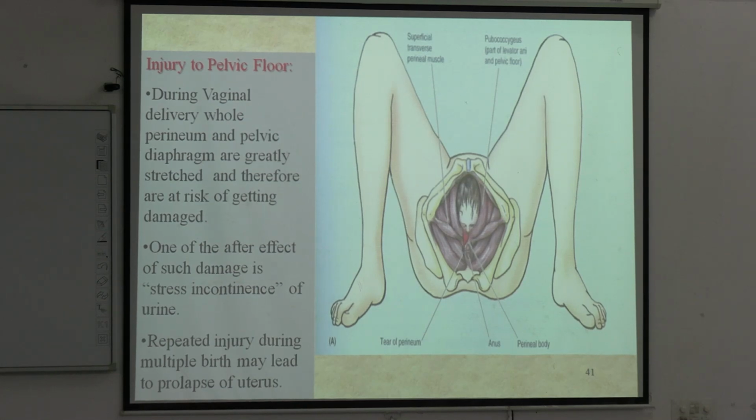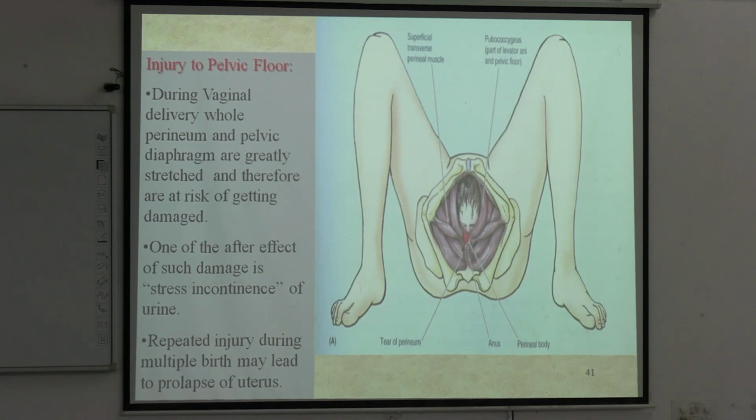Again, explain why. After childbirth, more commonly we see different types of prolapse: rectal prolapse, uterine prolapse, cystocele, etc. So we have to understand why female subjects are more prone to stress on the pelvic floor, and what happens if there is stress or injury to it, leading to diseases.